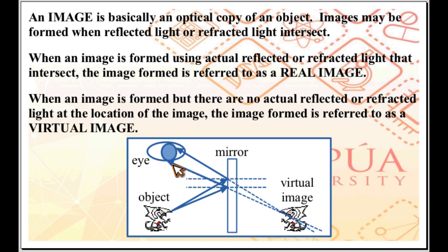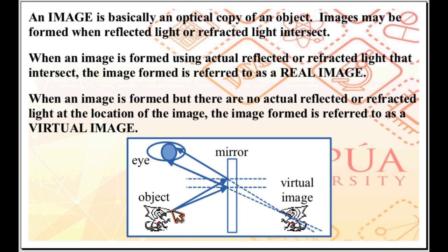That's how we see things. Light from the object will reach our eyes. Thus, we are able to see the object. The reflected light will reach our eye. We will see an image formed by that reflected light, if there is any image formed by that reflected light.